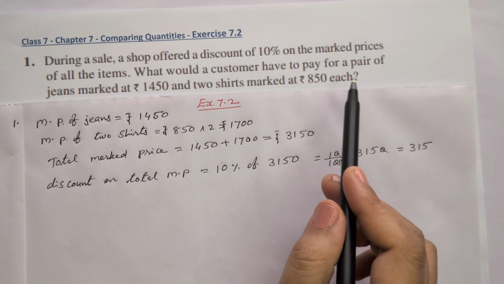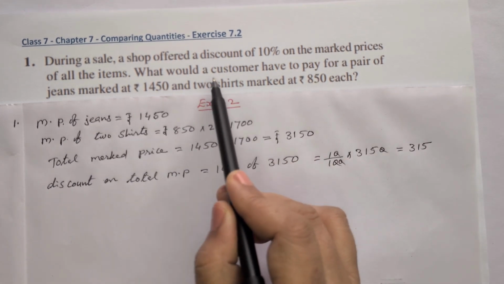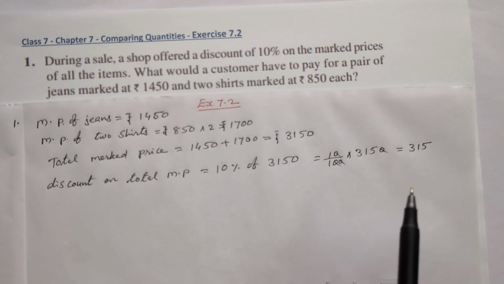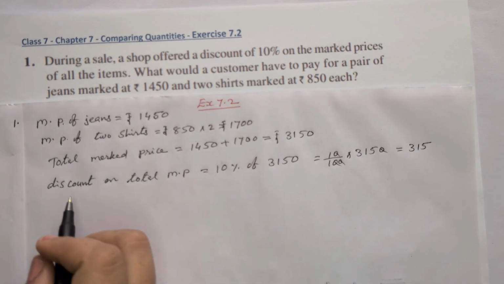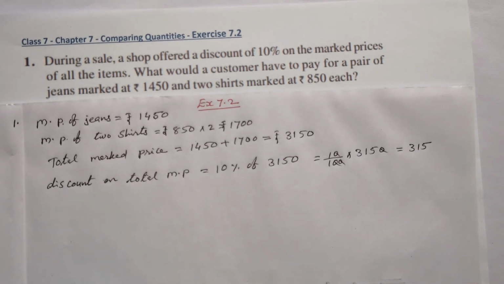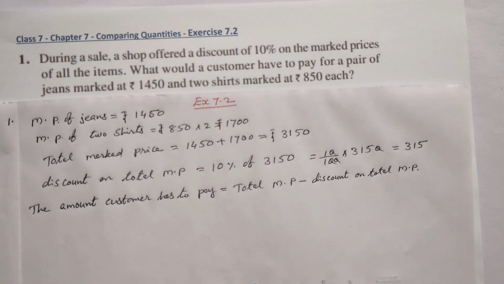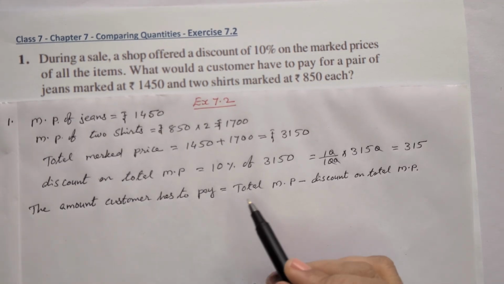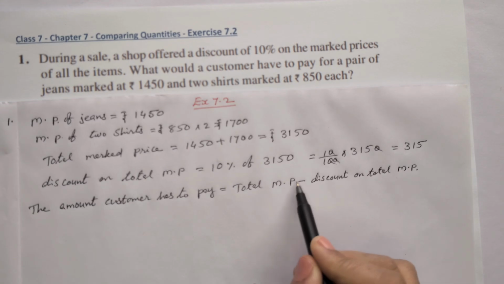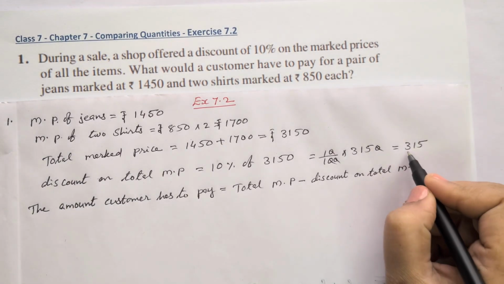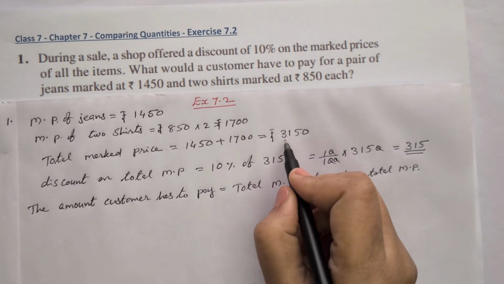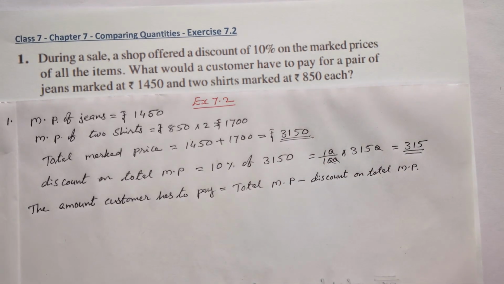Now what would a customer have to pay? The amount the customer has to pay is equal to the total marked price minus the discount. Here we already got the discount as 315 and the total marked price as 3150.